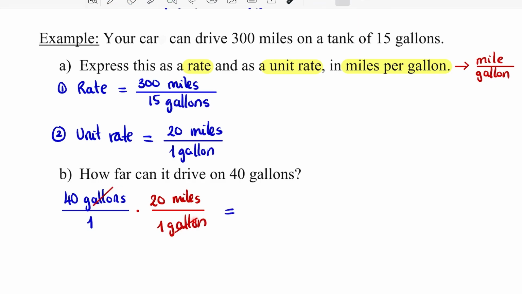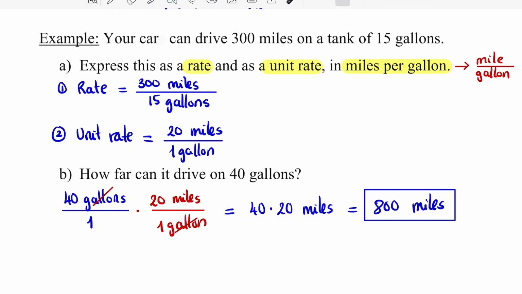Gallons cancel out. I have 40 times 20 miles, which is 800 miles. With 40 gallons of gas, this car can drive 800 miles.